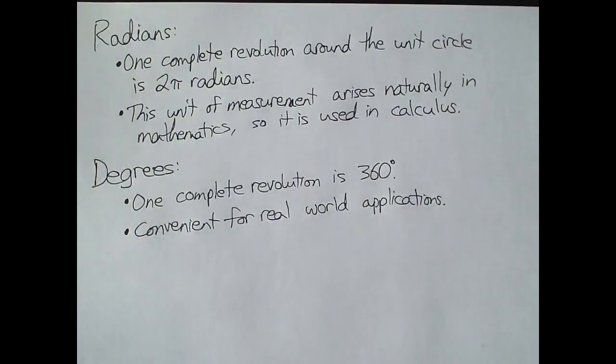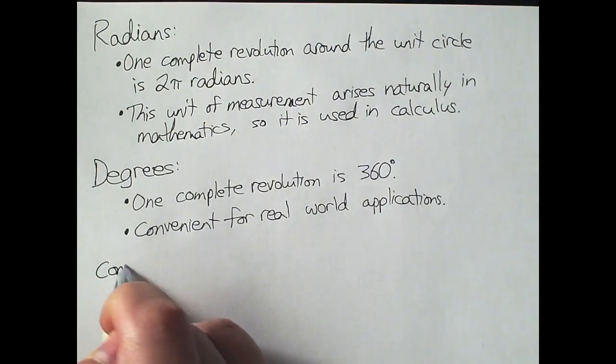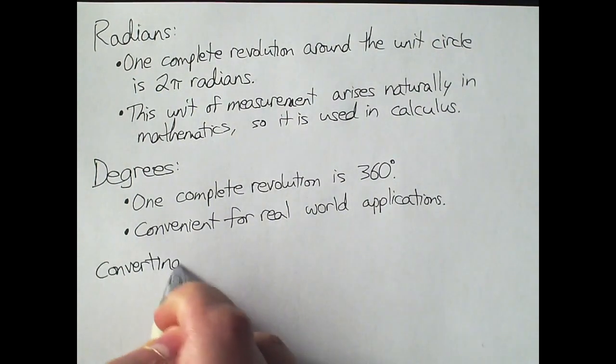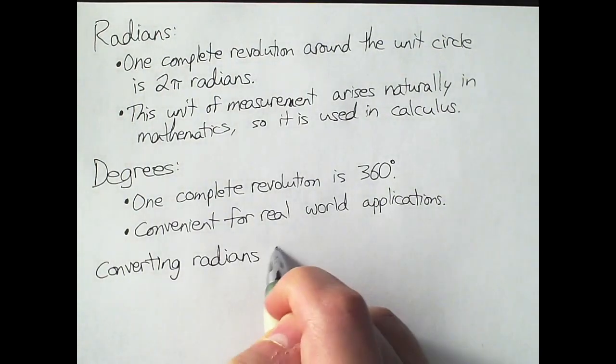Now, when I say that these are two different units of measurement, we could really think of this as kind of like inches and centimeters. They're two different units of measurement that measure the same thing. And because of that, we should be able to convert back and forth. And maybe they have their pros and cons. Maybe sometimes we want to work in radians, and maybe sometimes we want to work in degrees.